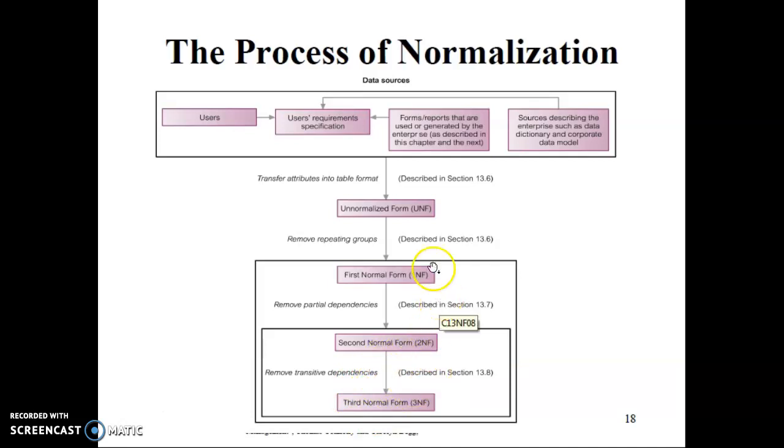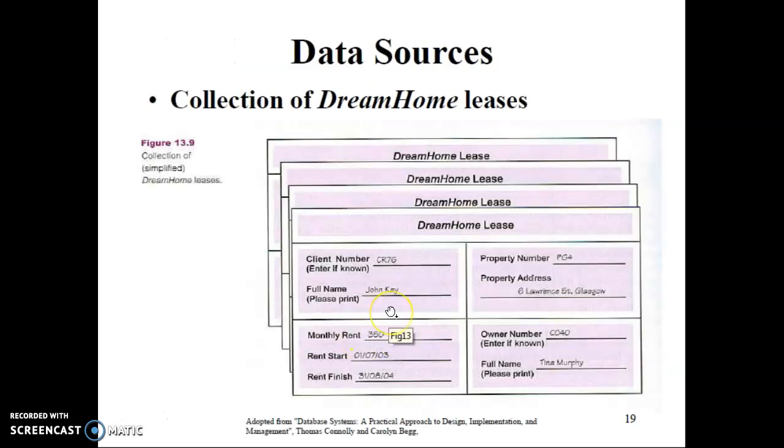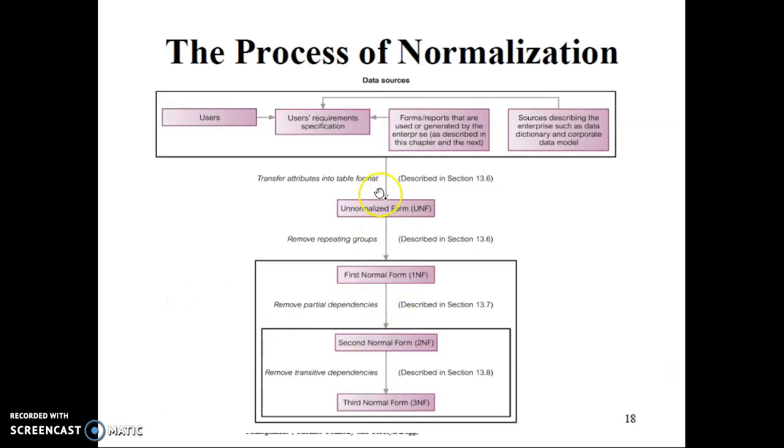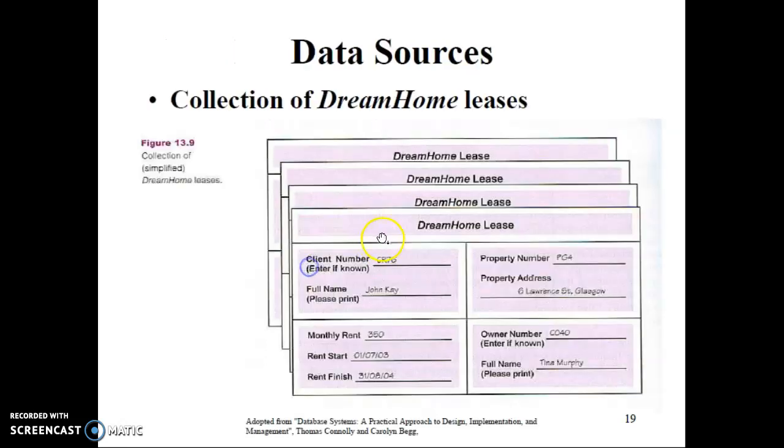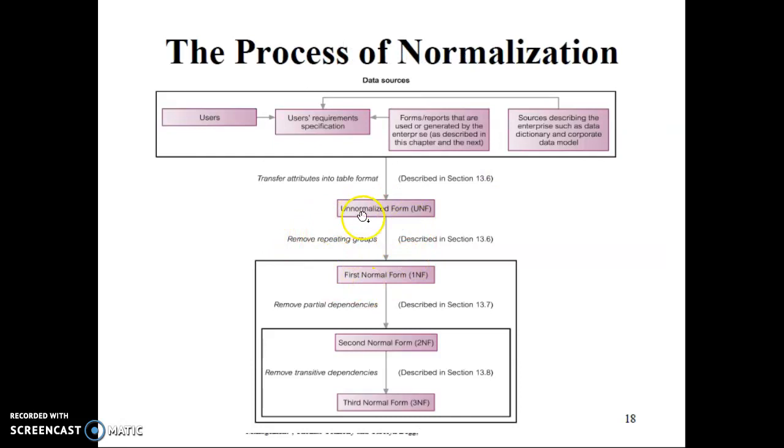Normalization is a series of steps, and for every step we have a rule. For transforming data sources into unnormalized form, we first convert them into a table format. For transforming unnormalized form into first normal form, we remove repeating groups. For transforming first normal form to second normal form, we remove partial dependencies.